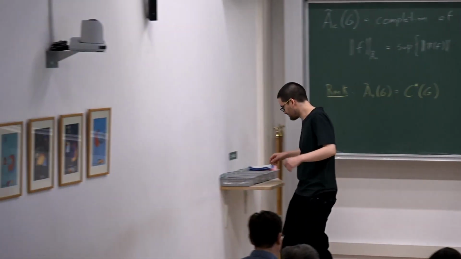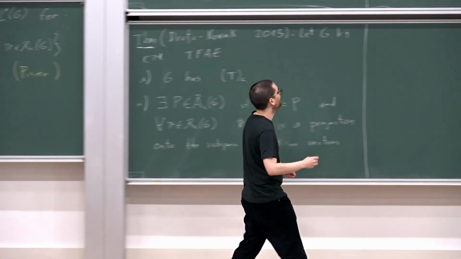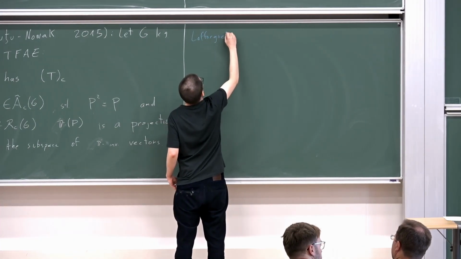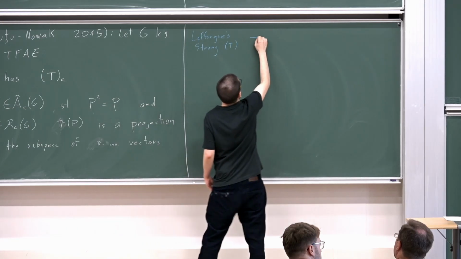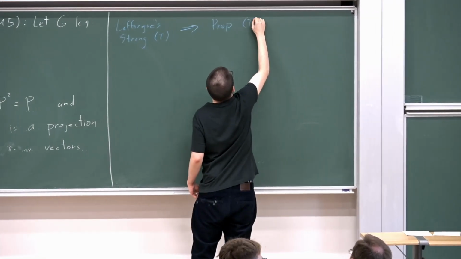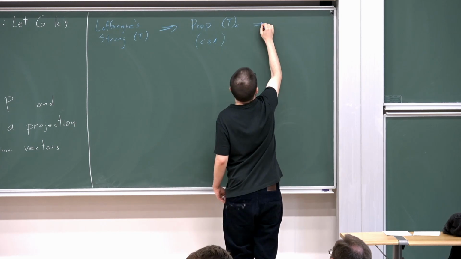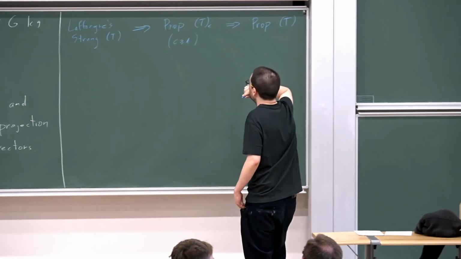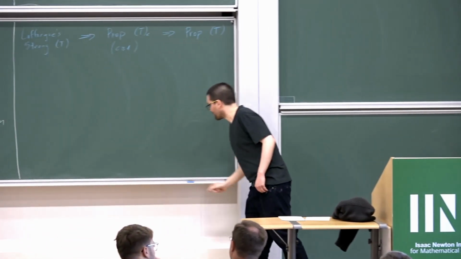I'm going to use blue. So strong, let's say Lafforgue, strong T, this implies TC for any C, and this implies T. And maybe this is not a good color, but okay.